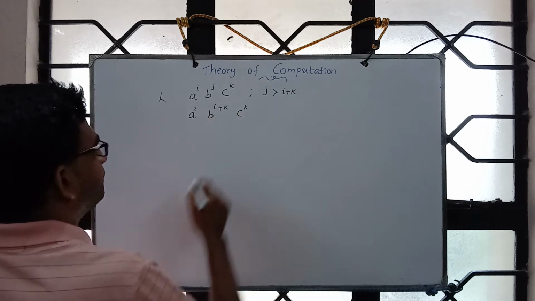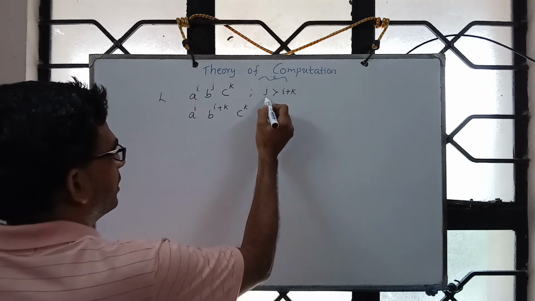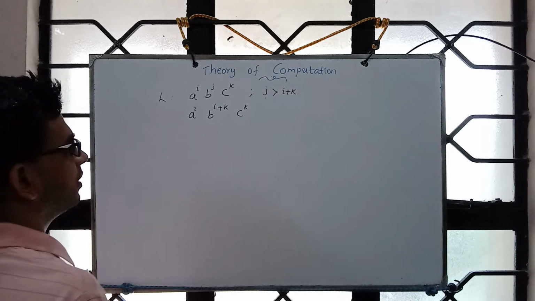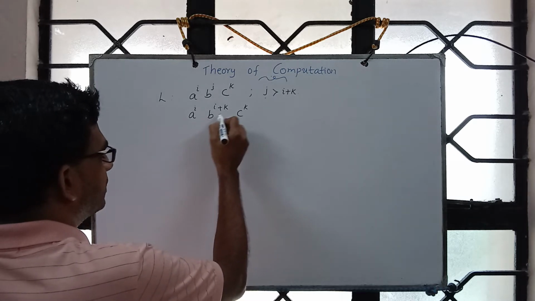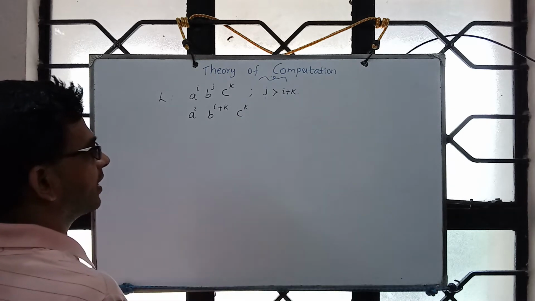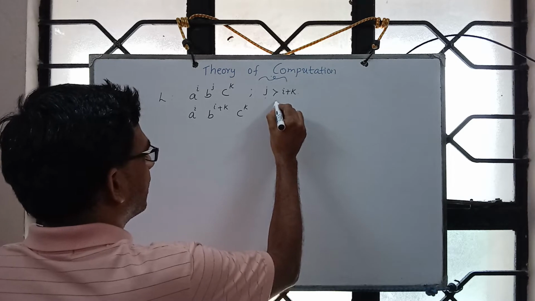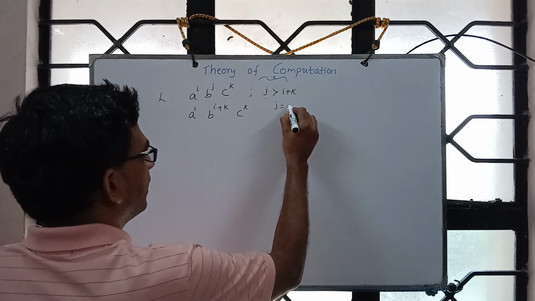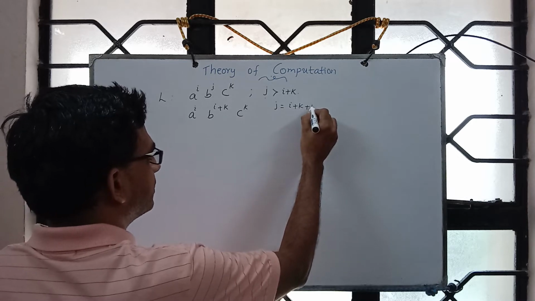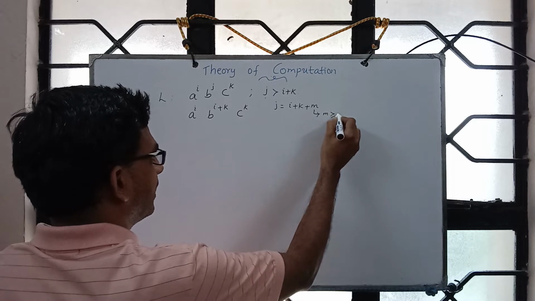But I should ensure j is strictly more than this. So what I do, I need to introduce one more part so that the excess is taken care of. So what am I saying? You say j equals i plus k plus some m, and that m is at least 1.